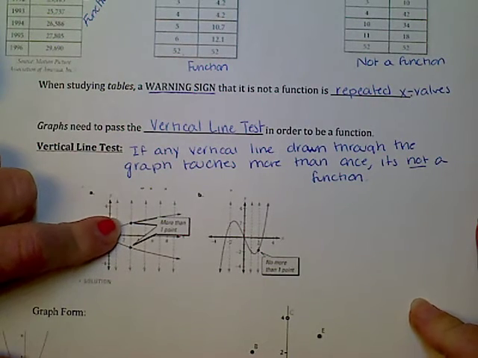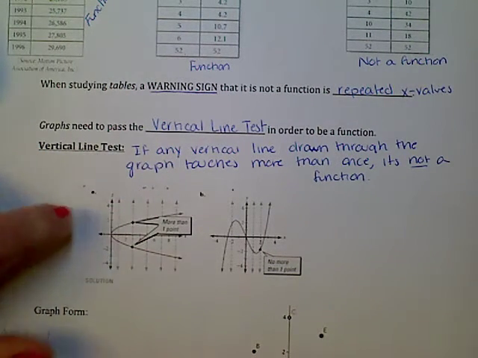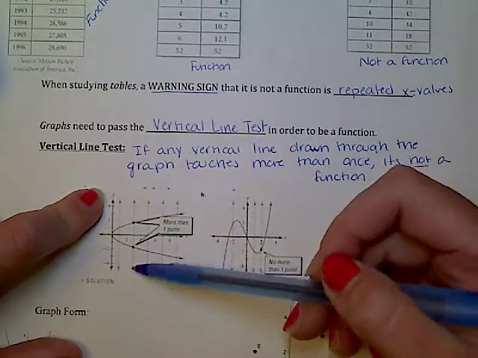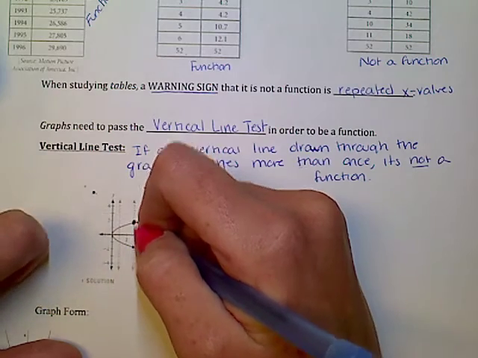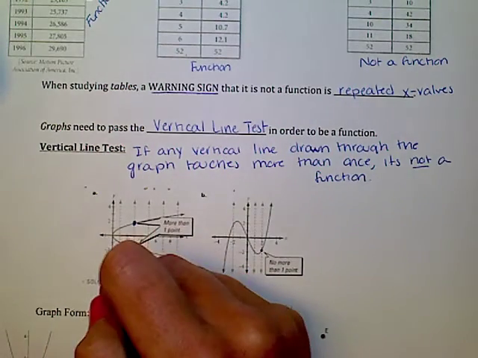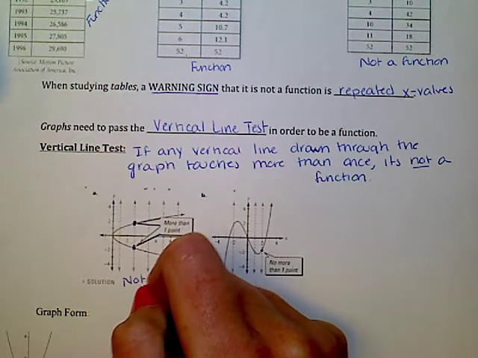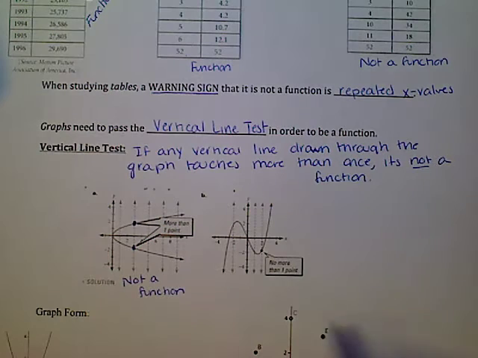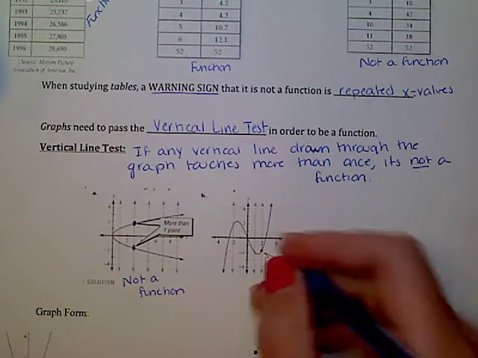If you look at this example here, this first one, we have a graph drawn, and they drew several vertical lines, but as soon as you draw a vertical line and it touches the graph in more than one spot, that's not a function. However, if you can draw a vertical line and it touches at most one spot, like this one, it's good.